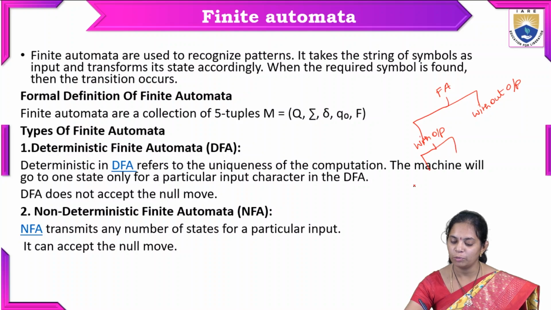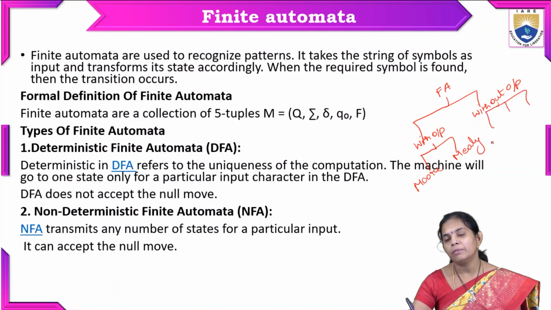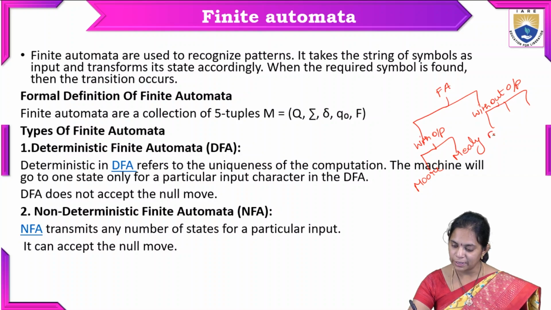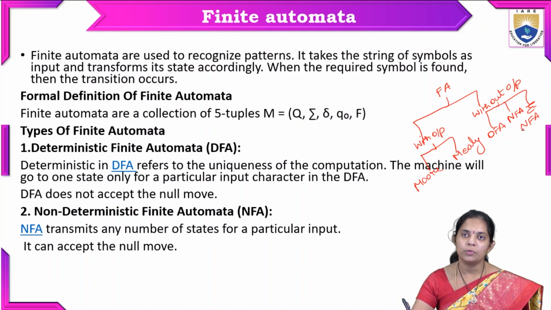With output we have Moore and Mealy machines, and without output we have three types of finite automata: DFA, deterministic finite automata, NFA, non-deterministic finite automata, and epsilon NFA, epsilon non-deterministic finite automata. So these are the different types of finite automata we discussed in the previous videos.